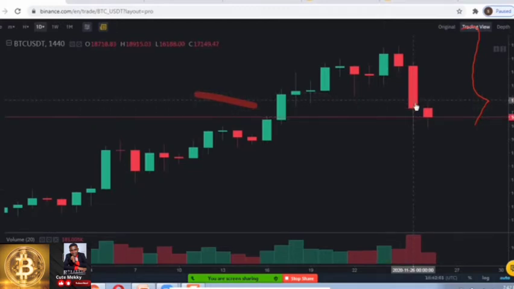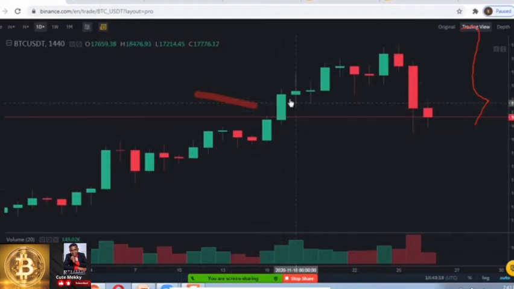Okay. Now, this is the lowest price, where the price comes to before closing at this point. This is the highest price. This is the opening price when it comes to a bearish candle. I repeat again. If it's a bearish candle, this is the opening price. This is the closing price. This is the lowest price. This is the highest price for this candle.